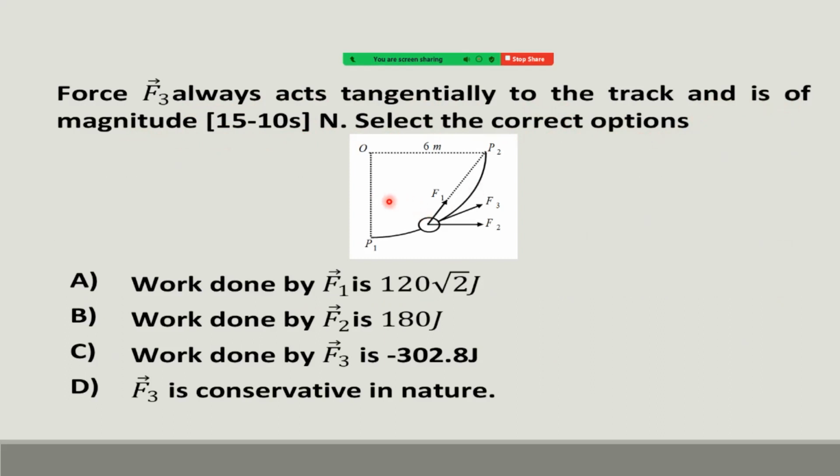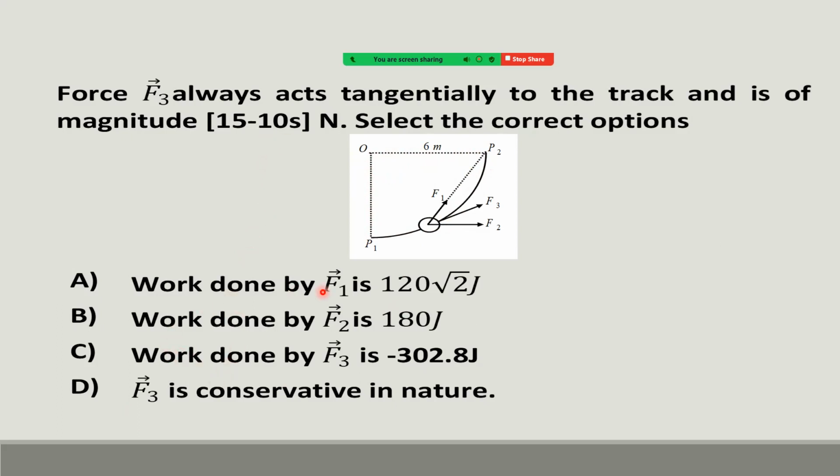We can see diagram here. P1, P2. Radius is given 6. This is 1/4 of a circle. So we have to calculate now work done by F1, F2, F3. And coming to F3 bar is a conservative in nature. We can see F3 always tangential, right?